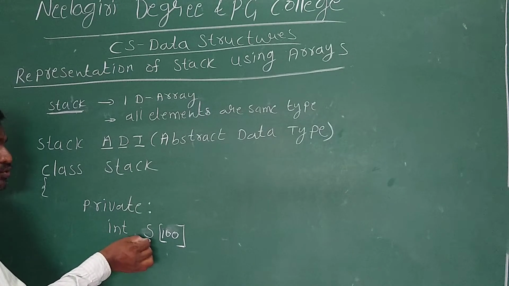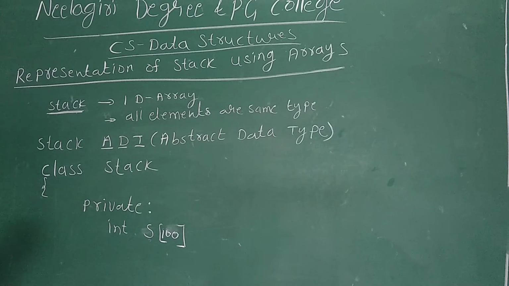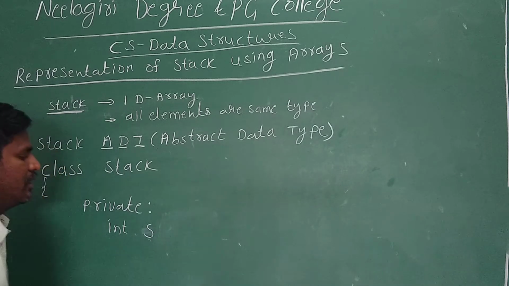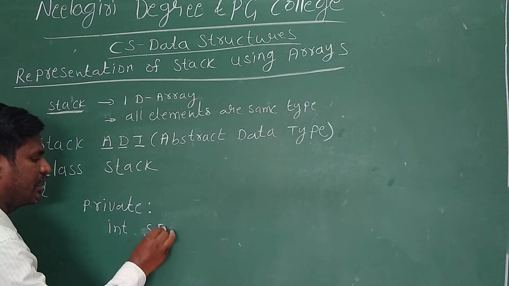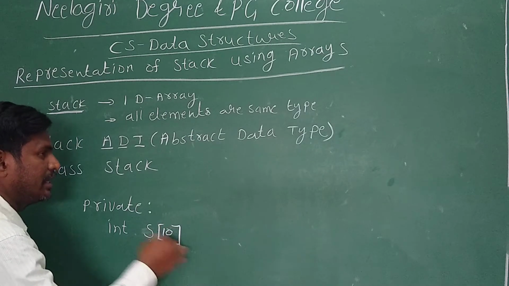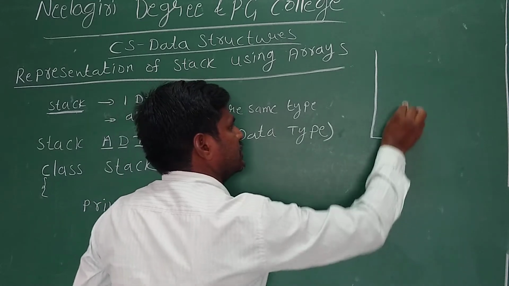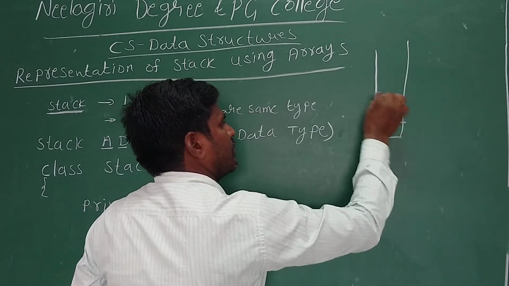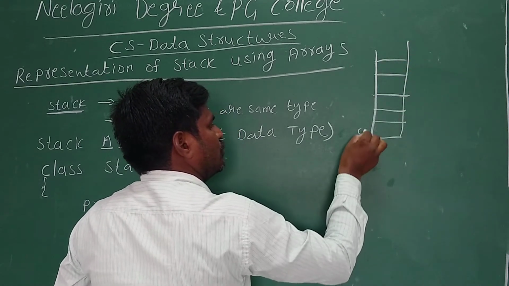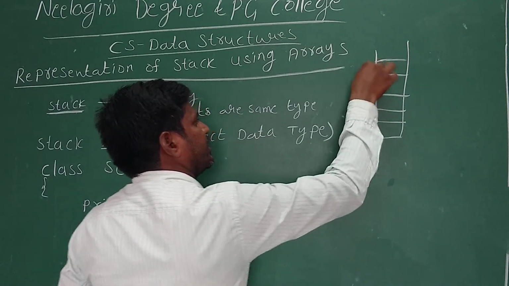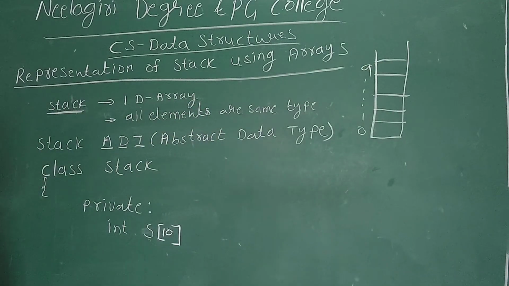Int s, so this s is the stack now. Instead of taking size 100, I am taking 10. That means the stack will look like this: 0, 1, up to 9.